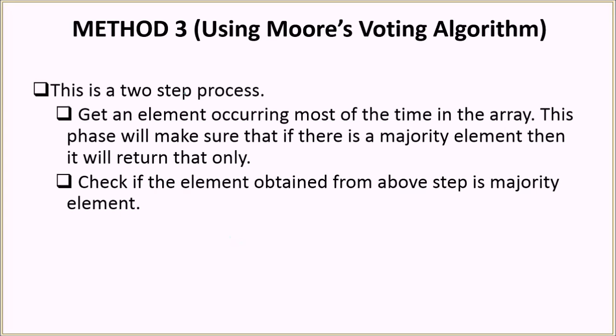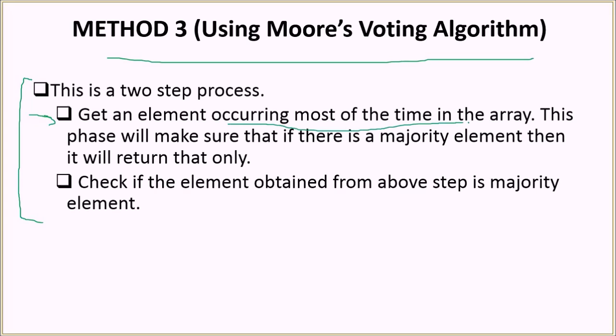Yes, we can. This is actually significantly better. So let's see what Moore's voting algorithm does. This will include two steps. The first step will be to get an element occurring the most number of times. By the end of this step of the algorithm, we will get at least one element which is occurring the most number of times.